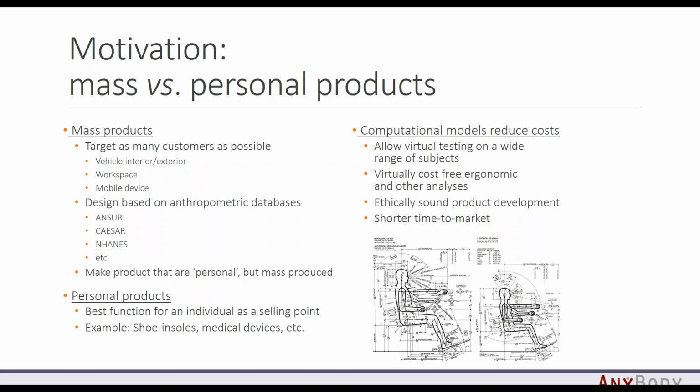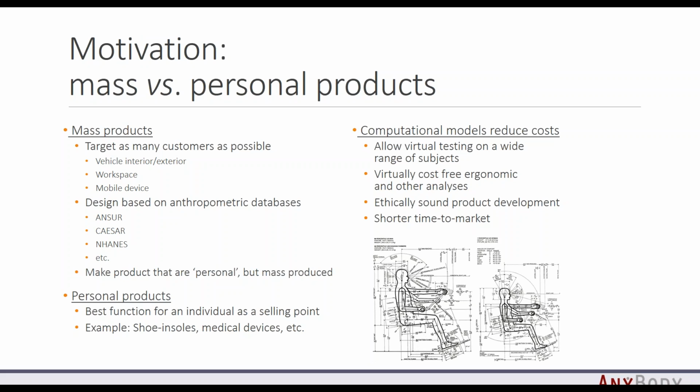This is also done by looking at available anthropometric databases, and when we do that, we actually test our product on a single person, but we look at many different subjects. Because of that, we design a product that is still somewhat personal but mass-produced.